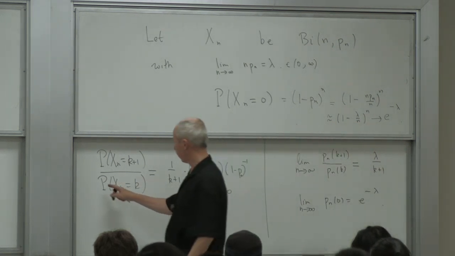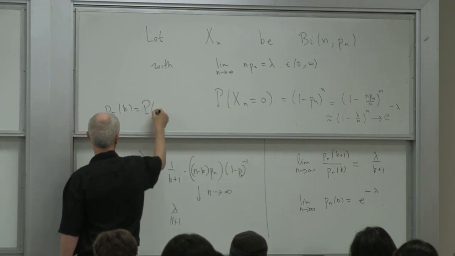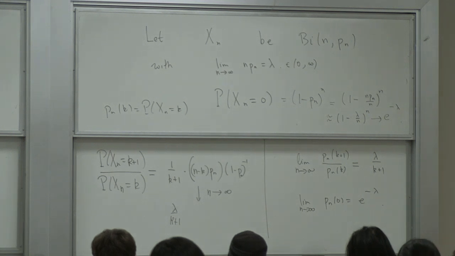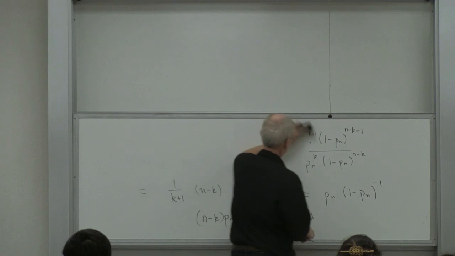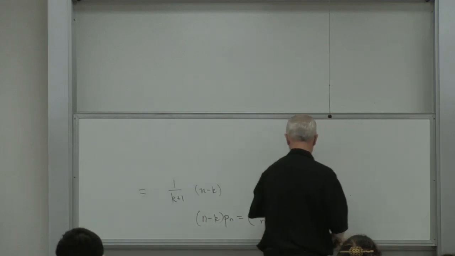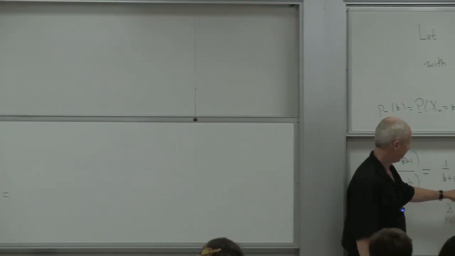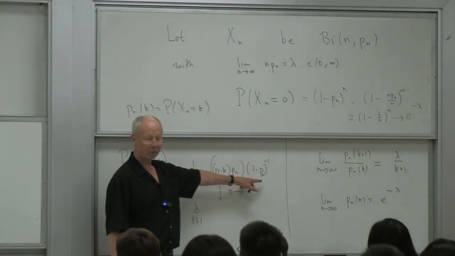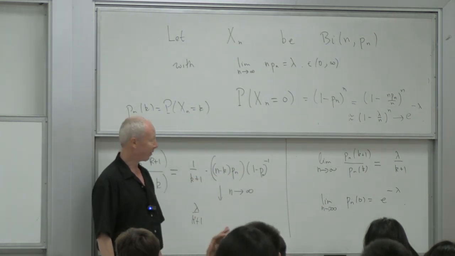Where pn of k is this. Should there be an e in that? Because did we account for the 1 minus pn for the negative? In the last part of it? Well, pn goes to 0, so 1 minus pn has to go to 1. Oh, so no e here. The e is going to come from that.